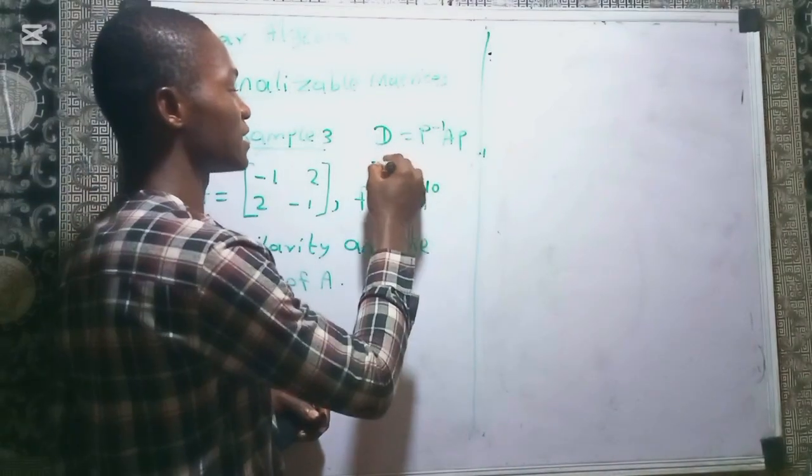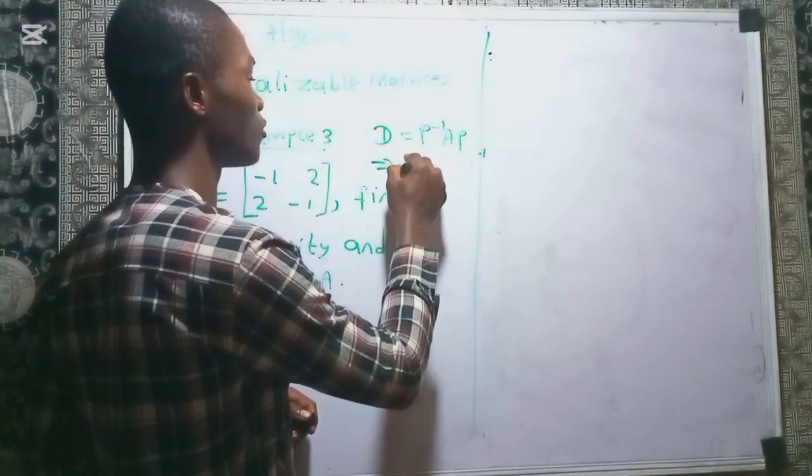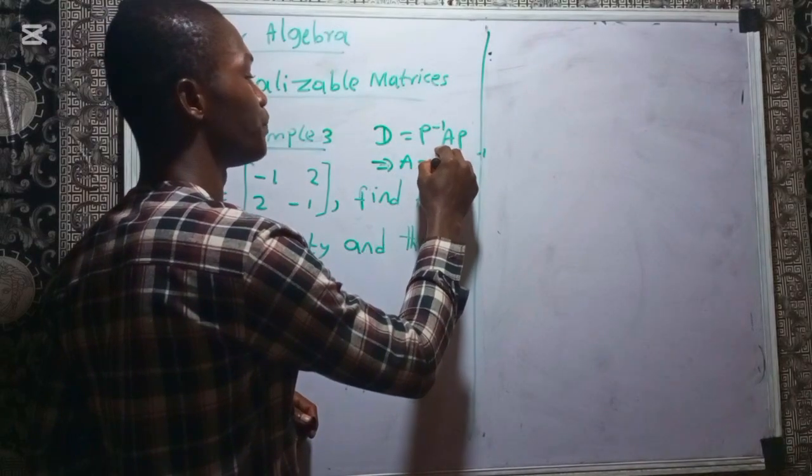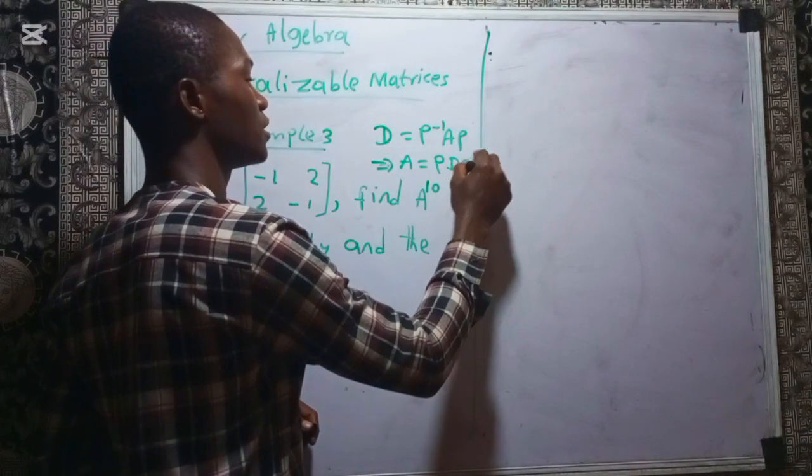So this simply implies what? If you solve this equation, it implies that your matrix A will be equal to P D P inverse.